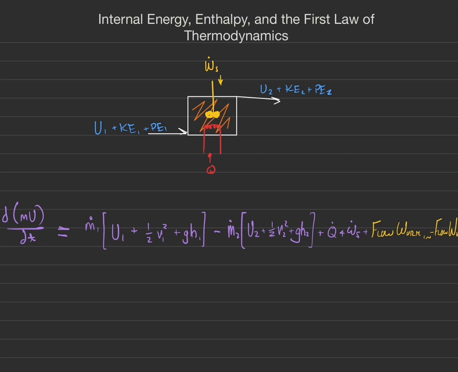But it could be a variety of things. And we didn't talk about expansion or compression work, which is not included here because most steady state systems don't have that. But we're going to talk about that in depth too as we move forward. And then we have, in yellow at the very end, plus flow work in minus flow work out. So what is flow work?